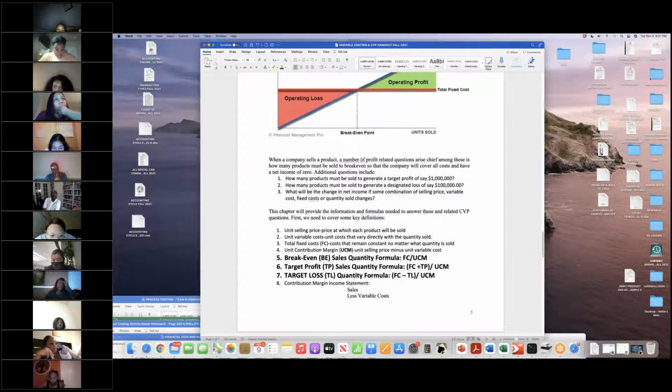Once again, when a company sells a product, after the fact we looked at what the sales were, but the company's got to do planning before. As I said, how many do we have to sell so we can make $1 million? How many do we have to sell to keep that loss at 100,000? And how many do we have to sell to break even?